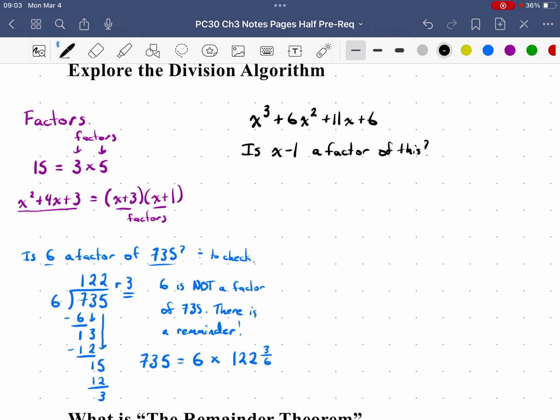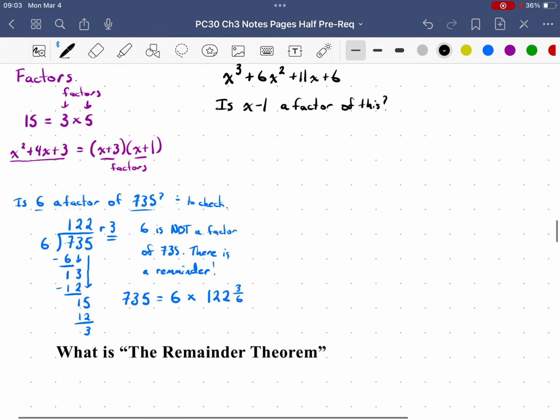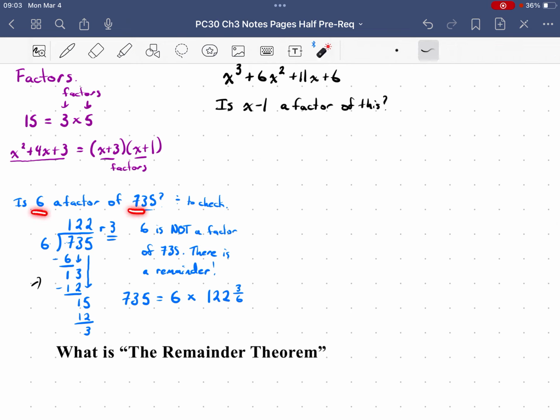Well, let's take a look, and we are going to divide. Now, this will be your first time ever dividing with polynomials. So, we are going to set up a division algorithm very much like this one. So remember, we said down here, is 6 a factor of 735?